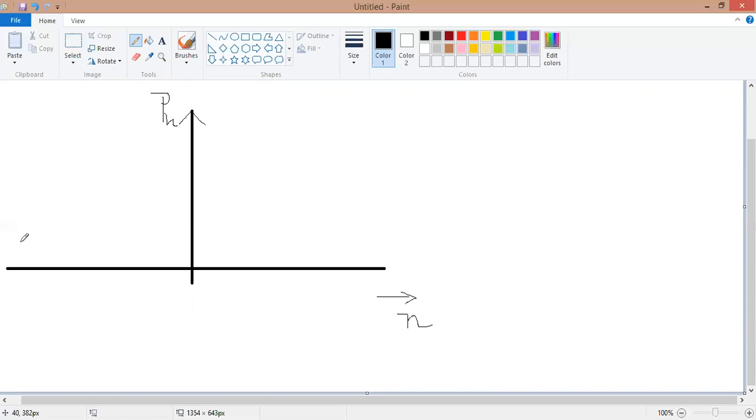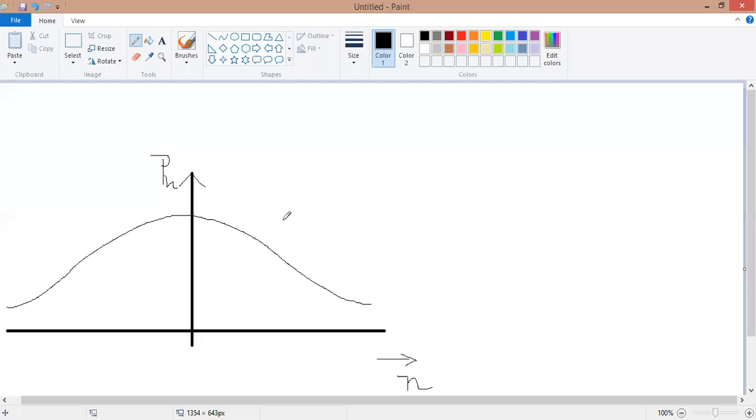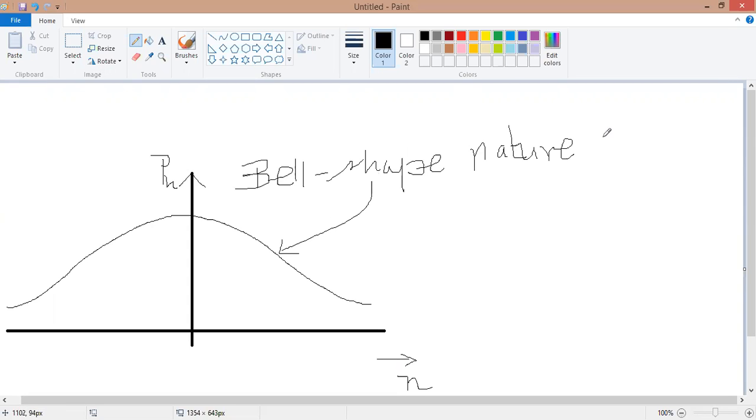When I get this output, it is absolutely bell shaped in nature, because this shape is known as bell shape. Mathematically, it is bell shaped nature, so I want to mention it as bell shaped nature.